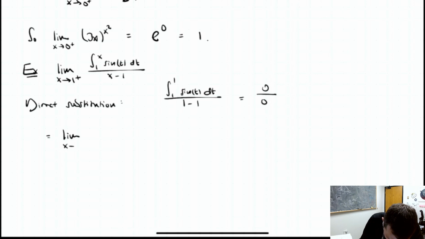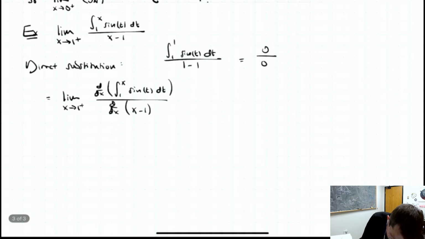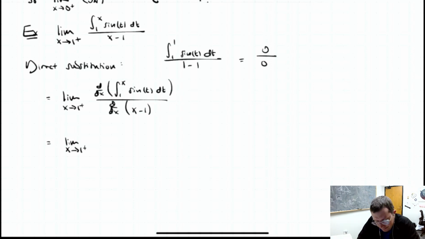L'Hopital's rule says we should take the derivative of the numerator and the derivative of the denominator, and this sort of derivative is exactly the thing that we were looking at earlier with the fundamental theorem of calculus part 1.